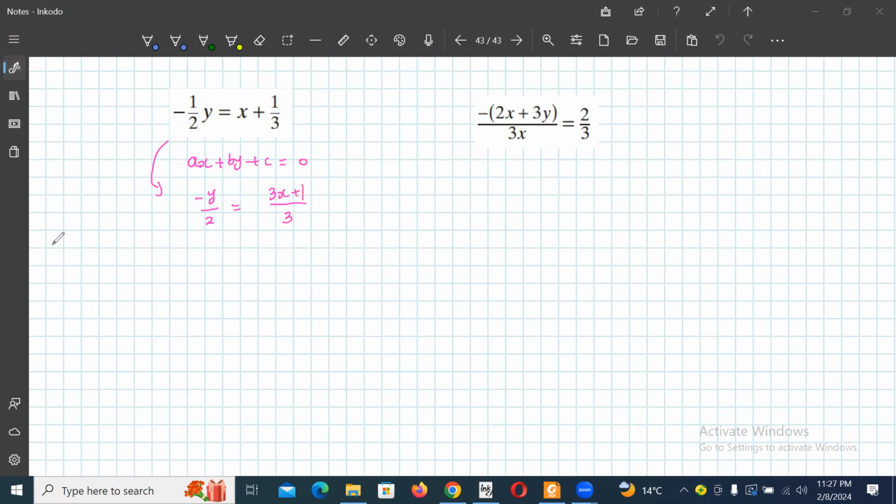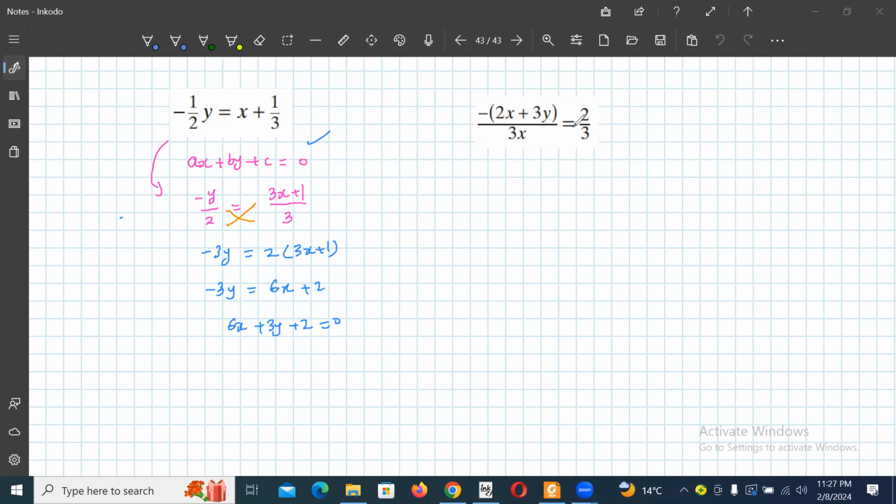By cross multiplying, minus 3y is equal to 2 bracket open 3x plus 1, and multiplying 2 inside, it is 6x plus 2. Remember that there is no need to make y the subject; we have to make the form ax plus by plus c equals 0. So for that, take 3y from left to right, it would be 6x plus 3y plus 2 equals 0. That's all. This is the required form.